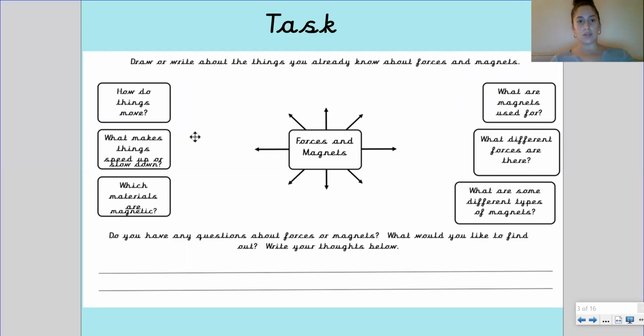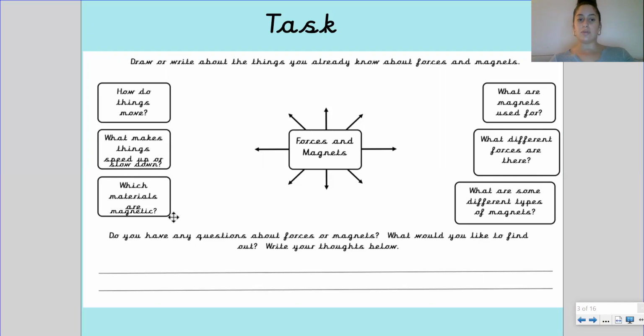So some of the questions are, how do things move? How do you think things move? What makes things speed up or slow down? If you know the answer to these questions or you think you might know, you would write the answer by drawing an arrow and then writing your answer down next to it.